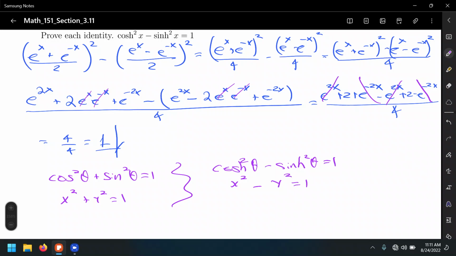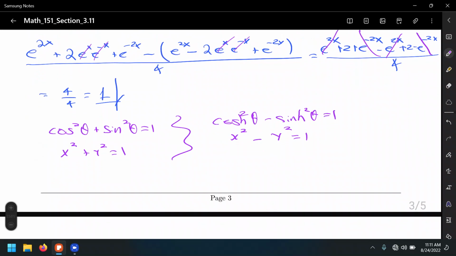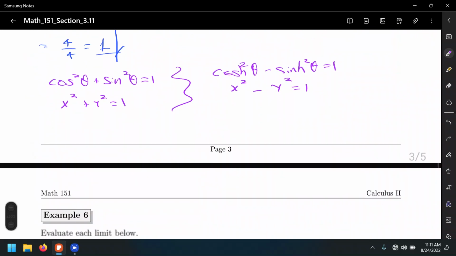Does that equation remind you of anything? It's a hyperbola. That's the whole thing about it, you know? Trigonometric functions, circular functions, hyperbolic functions, hyperbola. So I think this is a pretty cool relation between the two. I mean, how they're put together, how they're different and how they're related, right?